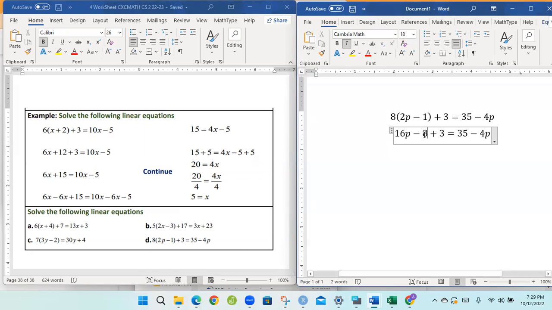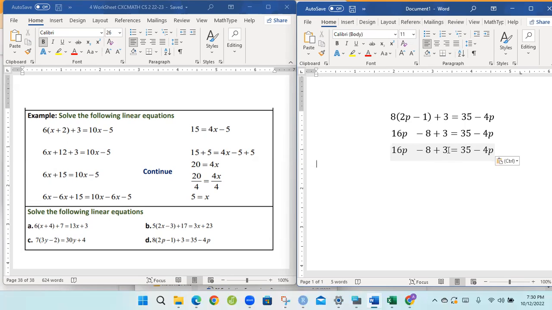The negative 8 and the plus 3 are like terms, so we can simplify them. Negative 8 means you're taking out 8 from 3, or you're going 8 units to the left of 0, so you end up on negative 8.